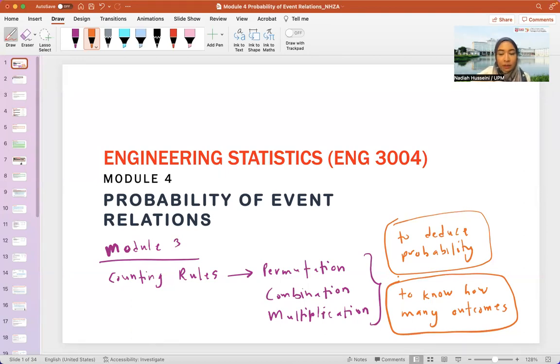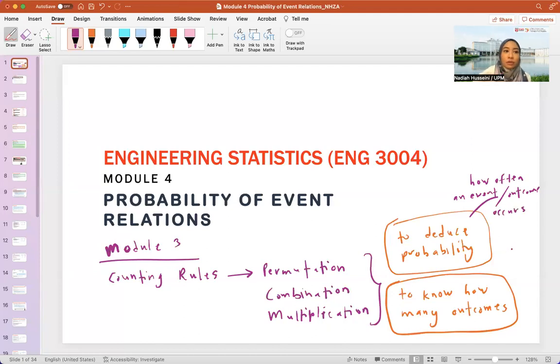Okay, I'm going to make your statement more accurate: to know the frequency, or how often the outcome occurs. So the probability is related to how often an event or outcome occurs.